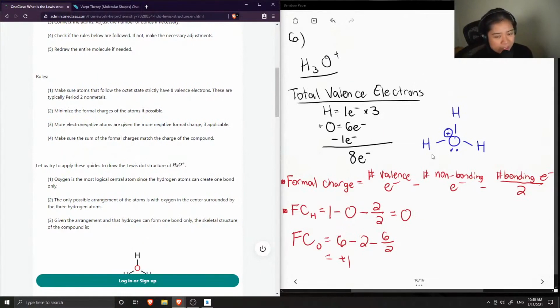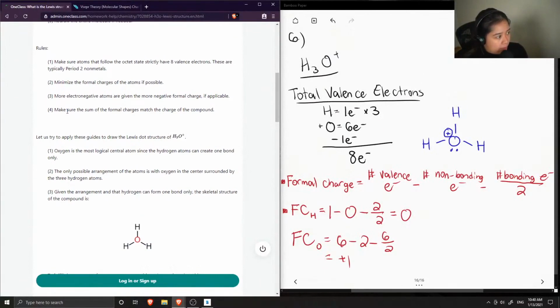So this is why the oxygen would still carry the positive charge, because it's bonded to 3 hydrogens. And then rule number 4, make sure the sum of the formal charges matches the charge of the compound. So again, we just have the one positive charge, so we're all good.